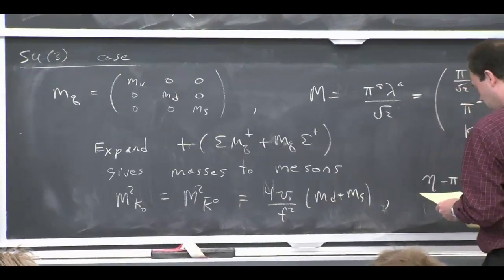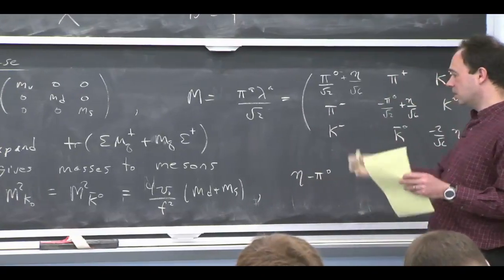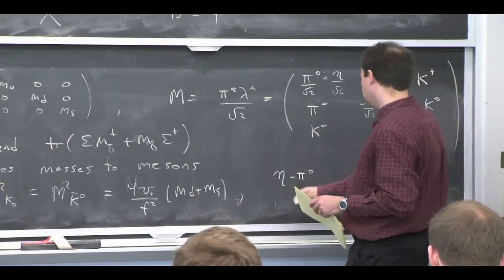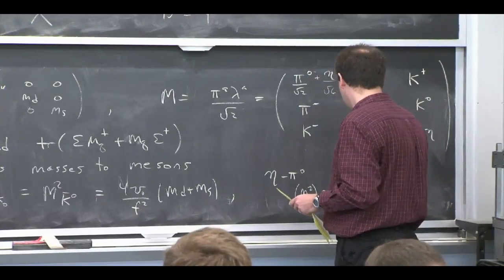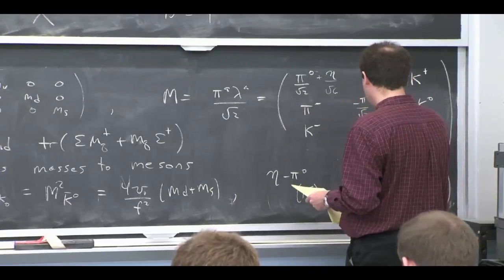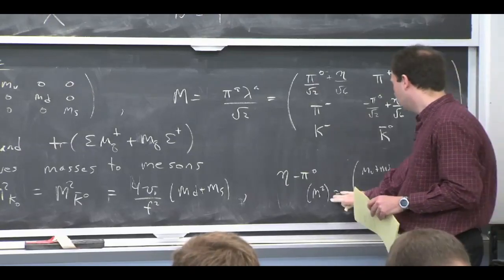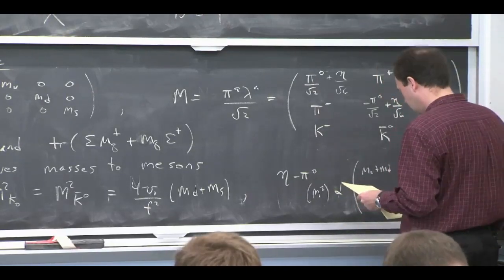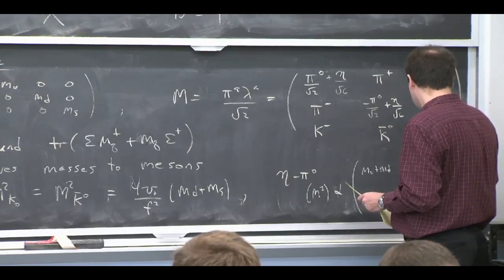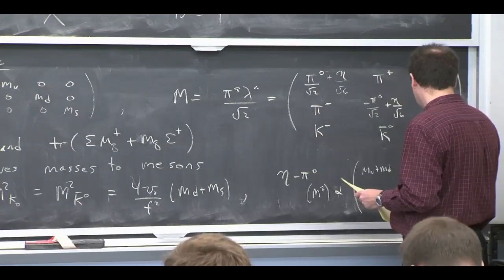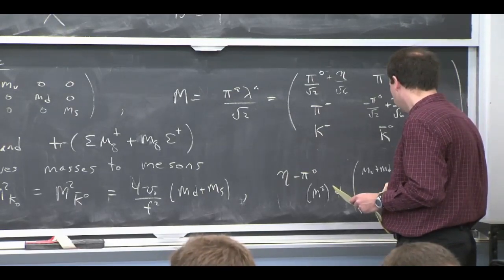And you get things like eta pi 0 mixing, where there's a mixing matrix. So if you look at the masses of eta and pi 0, they're actually non-diagonal. So for the eta in the pi 0 system, you actually get a matrix. So m squared is a matrix. And for the pi 0, it was just m up plus m down. But once you're in SU3, there's actually a mixing term, an m up minus m down term that is mixing between them, and the same thing over here.